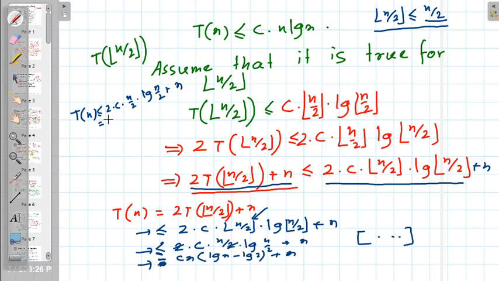And here 2 cancelled out, so Cn times log n minus log 2 plus n. Then I am again simplifying: Cn times log n minus Cn times log 2.